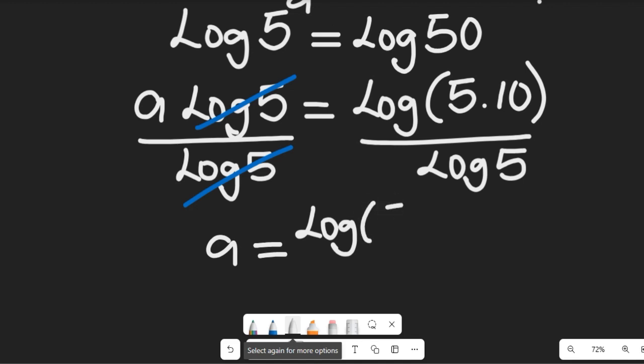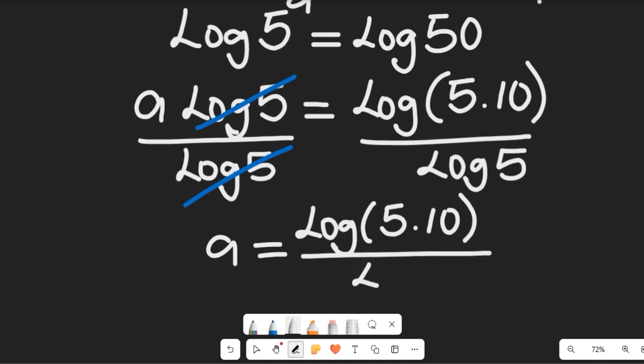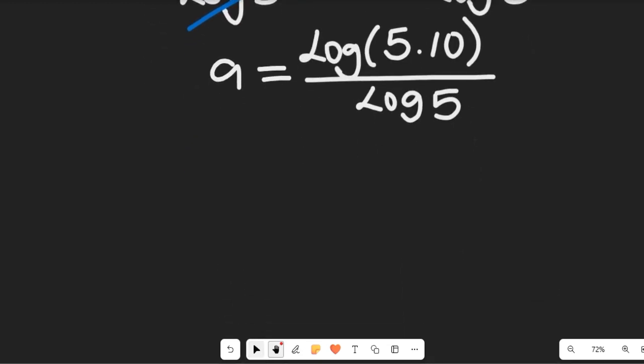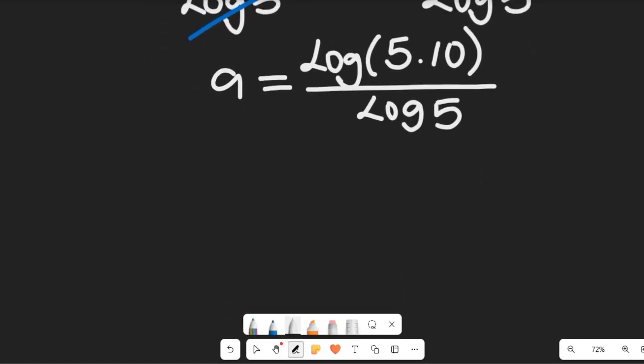Log of 5 multiplied by 10, and all of these will be divided by the log of 5.